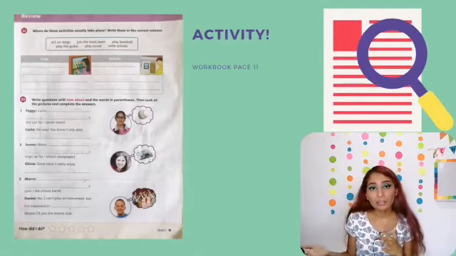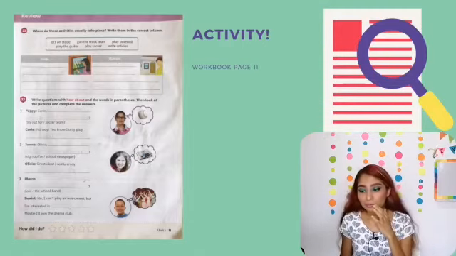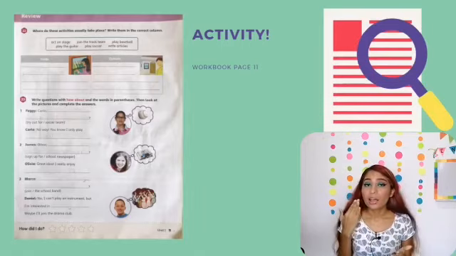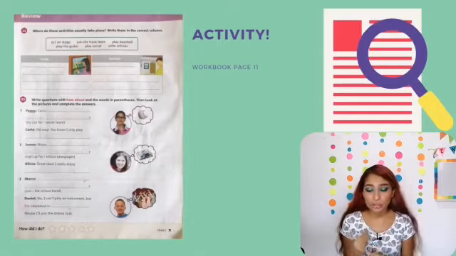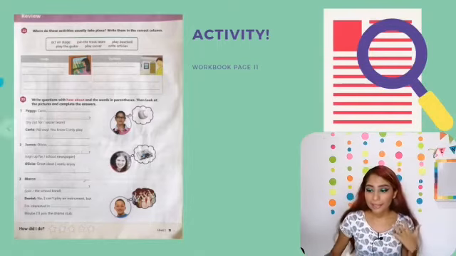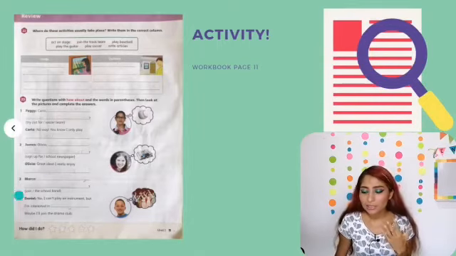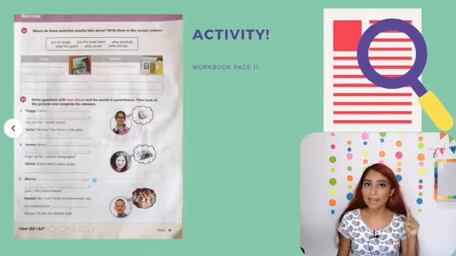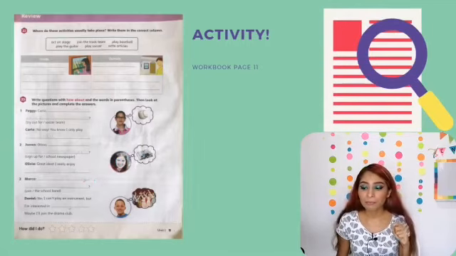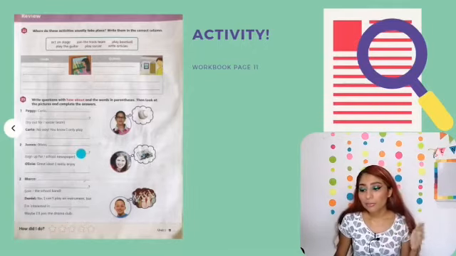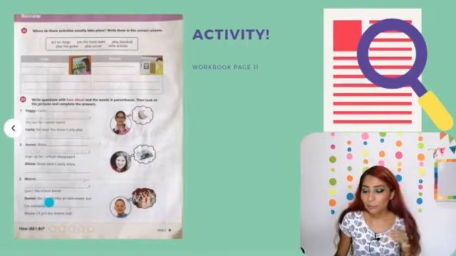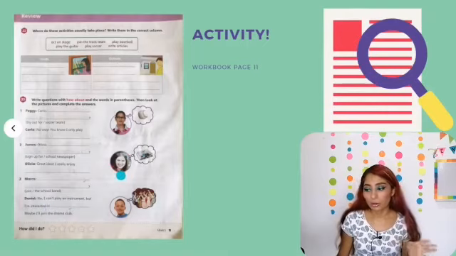You need to give a different idea. If she's saying her answer is no, you need to give another idea, another choice. Or maybe in the other examples, they are saying yes, a positive answer. You will say, I enjoy writing for the school newspaper, or I'm interested in playing instruments, for example.